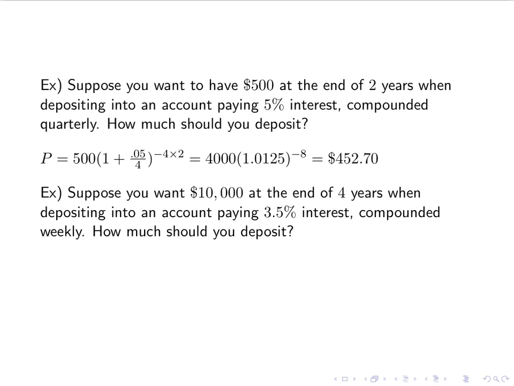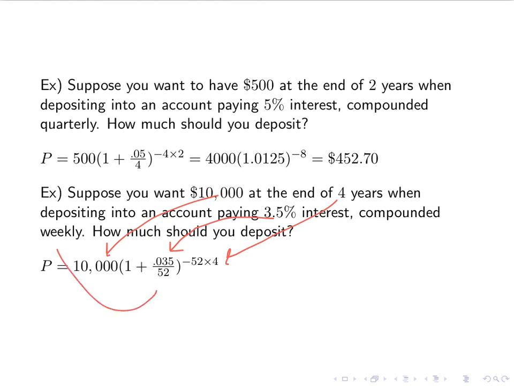And for the last one, suppose you want $10,000 at the end of 4 years when depositing into an account paying 3.5% interest compounded weekly. How much should you deposit? So again, I'm looking for P. S is 10,000. 4 is T. 3.5% as a decimal, 0.035.